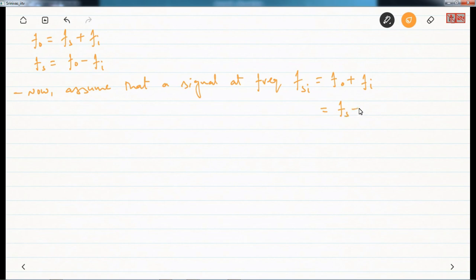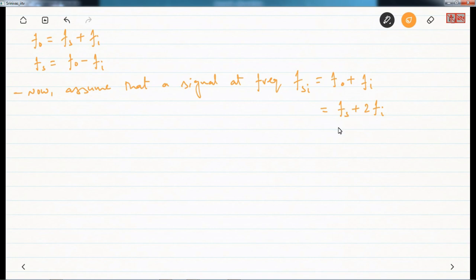See, when I say this, this is another incoming signal. This is another signal at some frequency Fsi, and that frequency happens to be exactly the same as F naught plus Fi. But we know that F naught is Fs plus Fi. So this Fsi can also be written as Fs plus 2Fi.